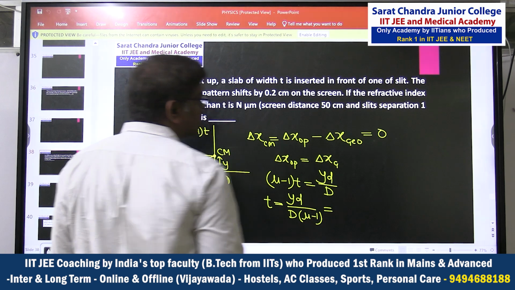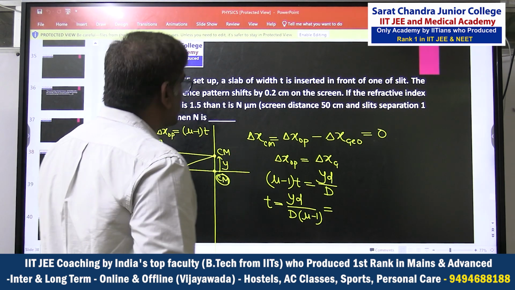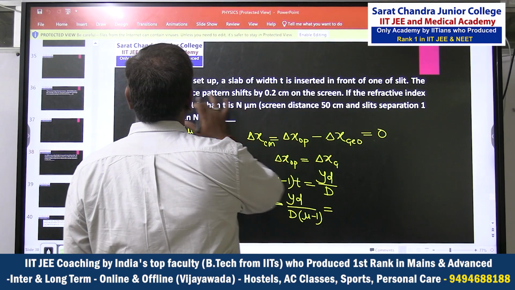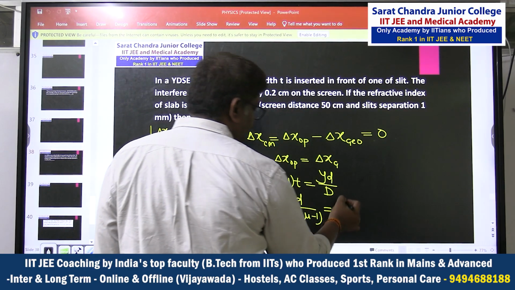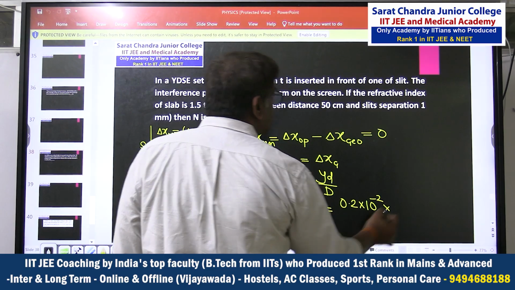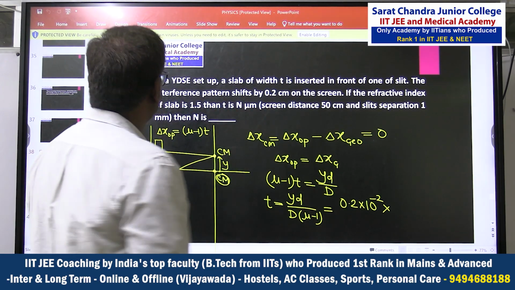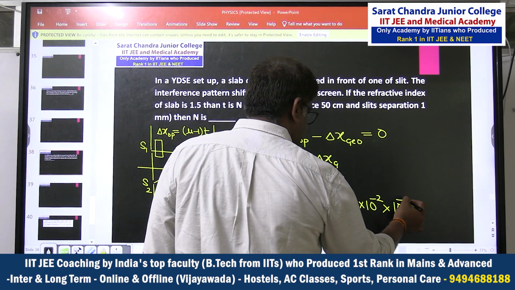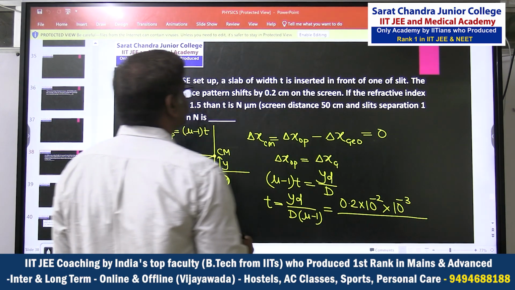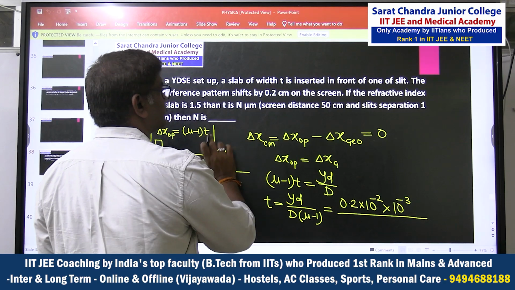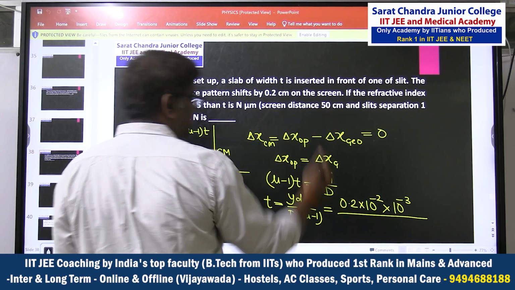Now substituting all these values, the pattern is shifted by 0.2, so the y value is 0.2 centimeter. Small d is 1 mm, that is 10 to the power minus 3. Capital D is given to you as 50 centimeter.